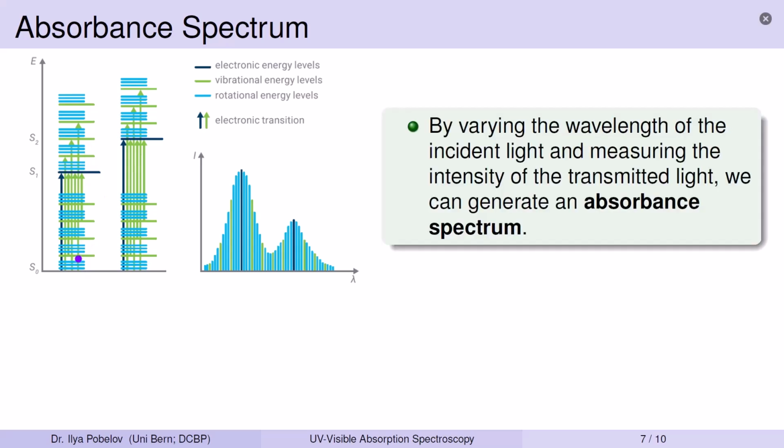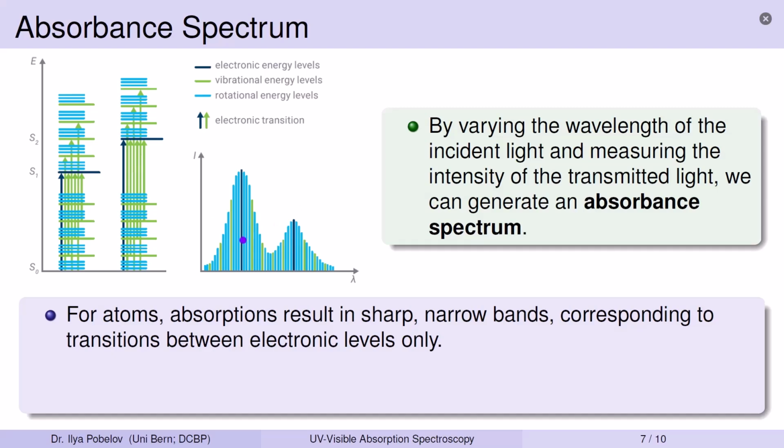By varying the wavelengths of the incident light and measuring the intensity of the transmitted light, we can generate an absorbance spectrum.